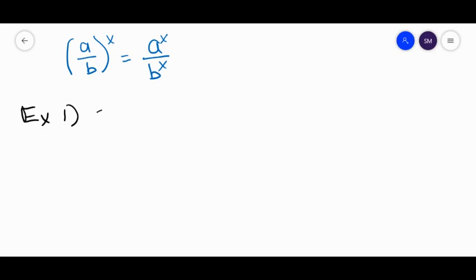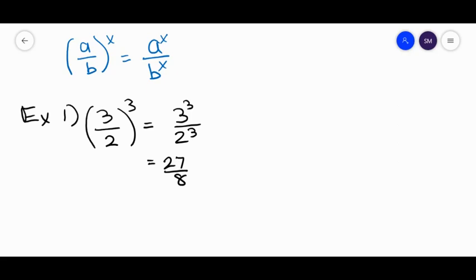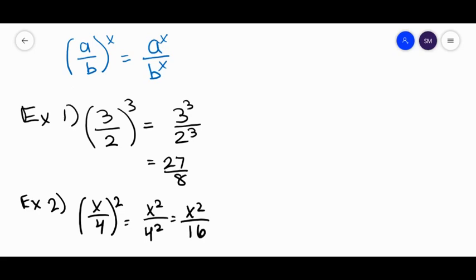So for example, 3 halves to the 3rd power would be equal to 3 to the 3rd over 2 to the 3rd, which is 27 over 8. X over 4 squared would be equal to x squared over 4 squared, which is x squared over 16.